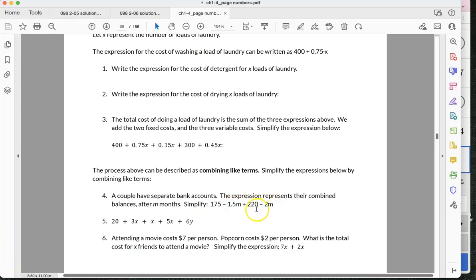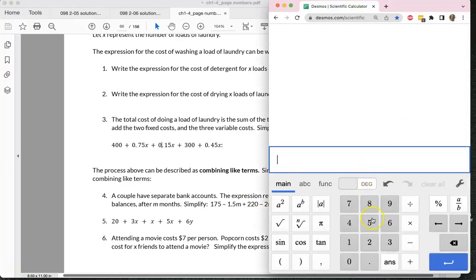$395, and then combine these two together as well. So negative 1.5m and negative 2m. Now we're trying to add negative numbers. Let's try putting that into the calculator. So negative 1.5 plus negative 2 gives me negative 3.5.